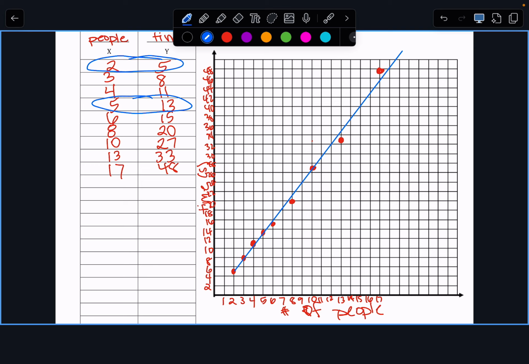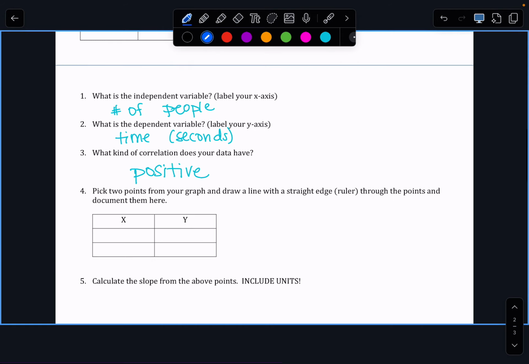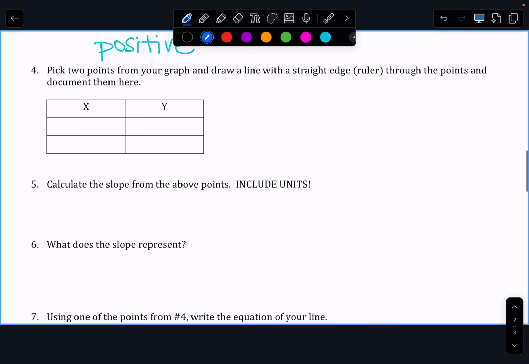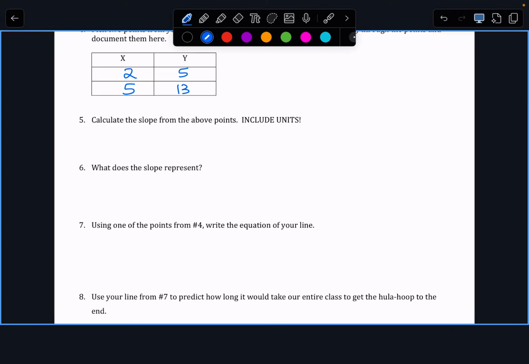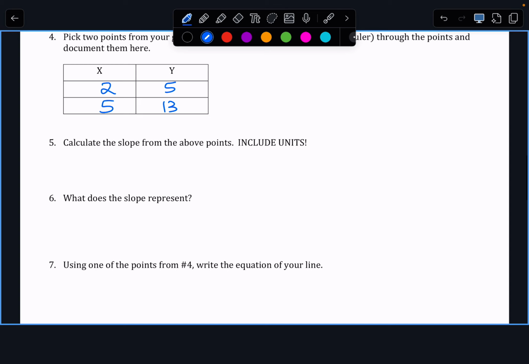These are the 2 points we're using. Okay? 2, 5, and 5, 13. What I want you to do is find me the slope.